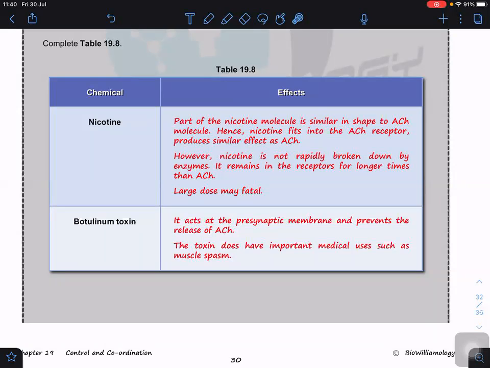Therefore, the face seems like no contraction. So when they smile, the smile is also very fake. Why? Because they cannot contract their muscle. So that's why the face muscle looks very firm and in nice shape, because of the Botox. They stop or prevent the release of acetylcholine, so the face muscle cannot contract. Okay, so it reduces the wrinkles.